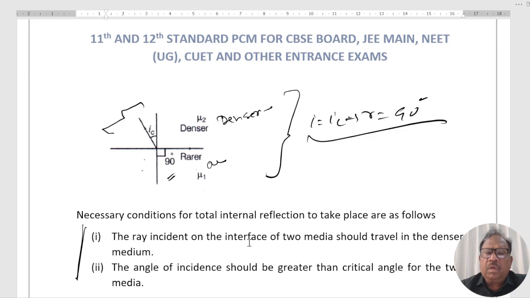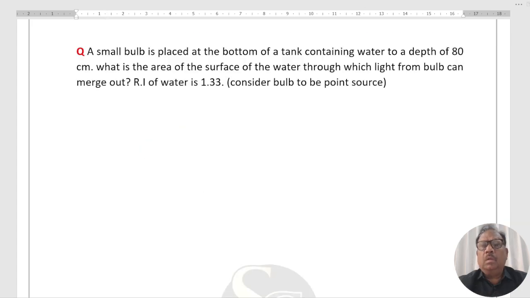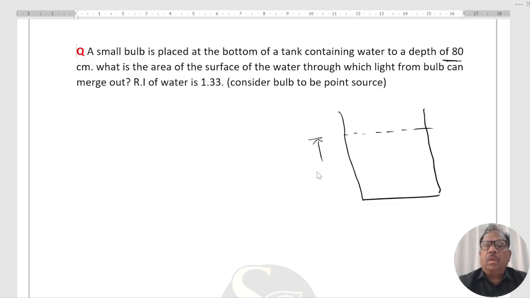Now let's start with the question. A small ball is placed at the bottom of a tank containing water to a depth of 80 centimeter.